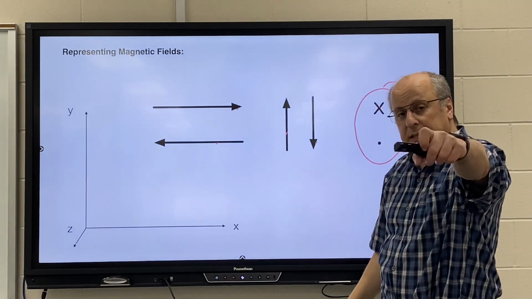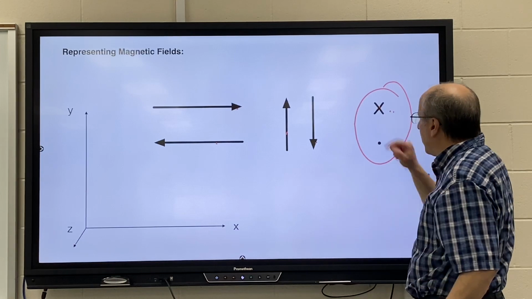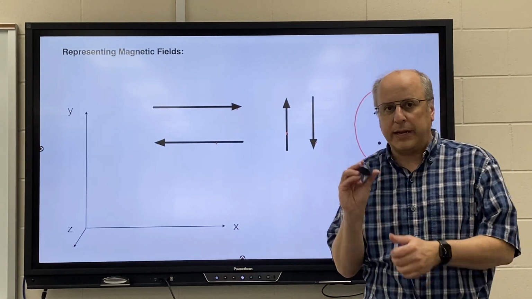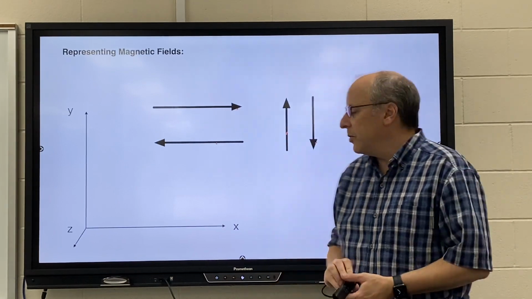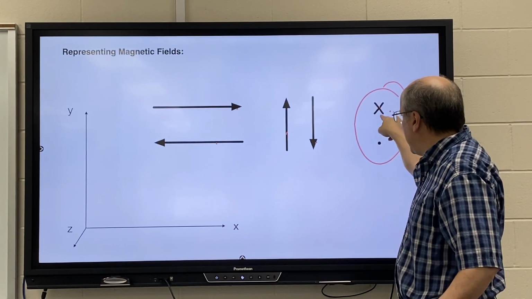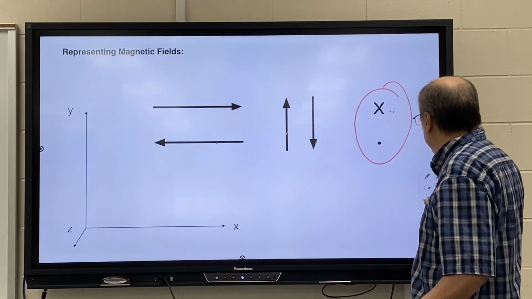So if you're watching this now, this controller is moving away from you. You represent that with an X. A dot represents when it's coming towards you. Okay, so dot coming out of the board right towards you, X going into the board and heading toward Miss Dare's room.